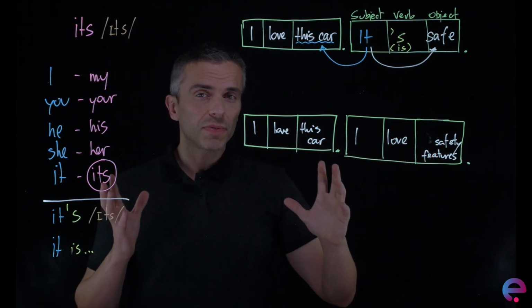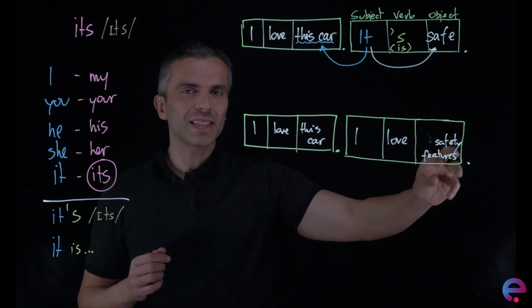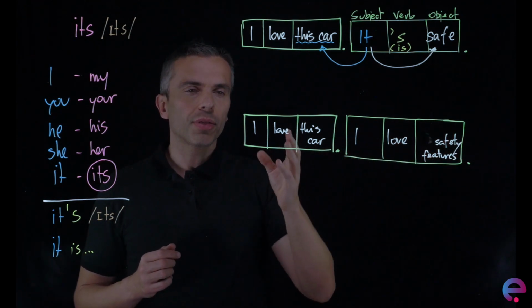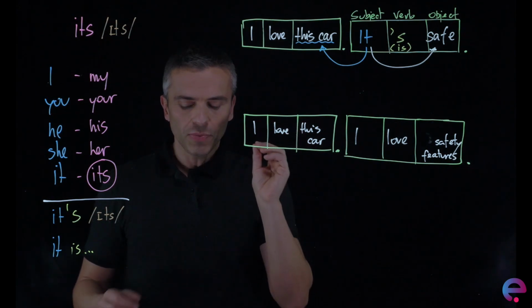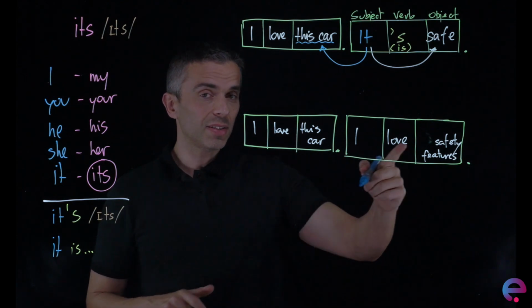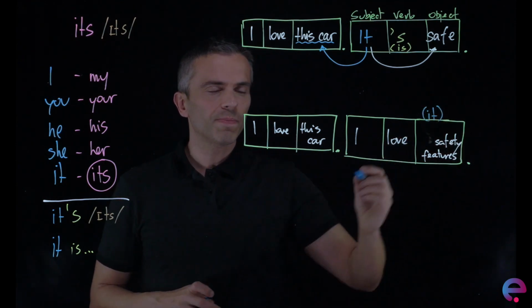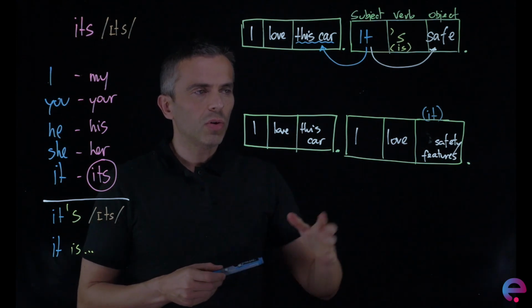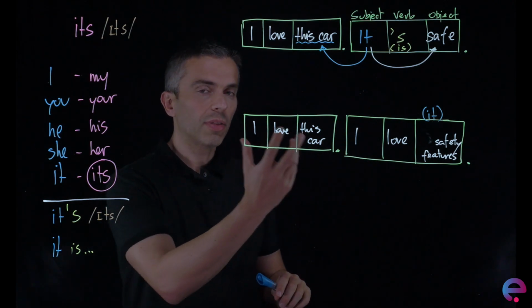So at this point of time, we need to start thinking about those safety features through the perspective of this car. But if we were to refer to this car in this particular sentence, we would really use it. Now, we cannot use it because we are not talking about this car.